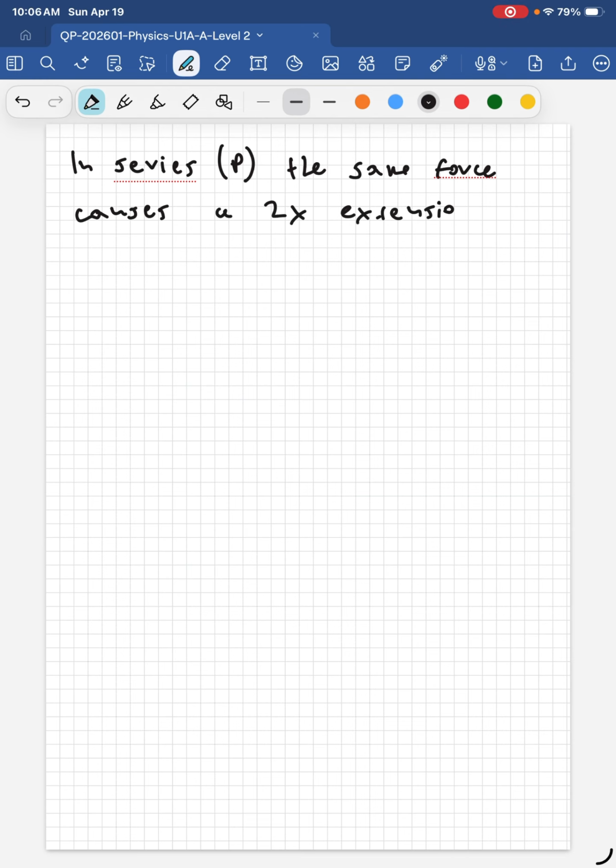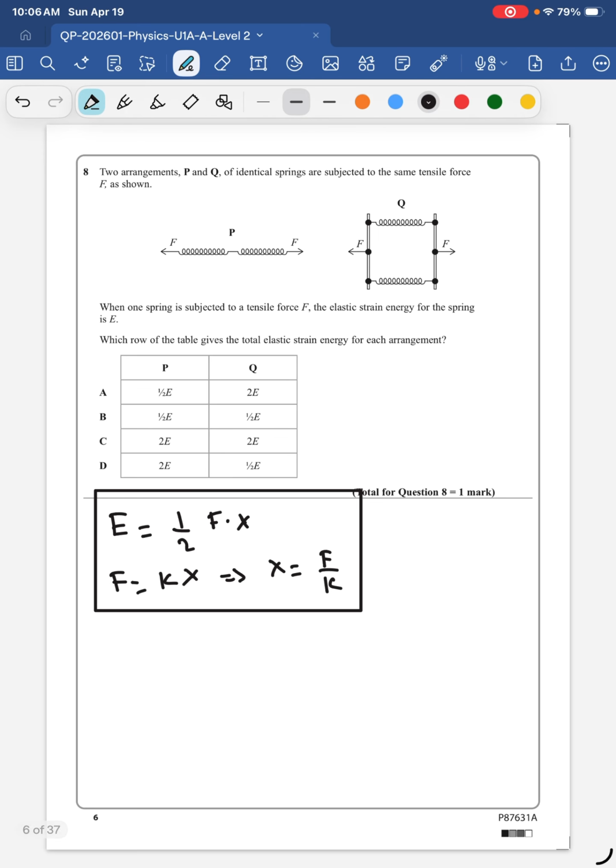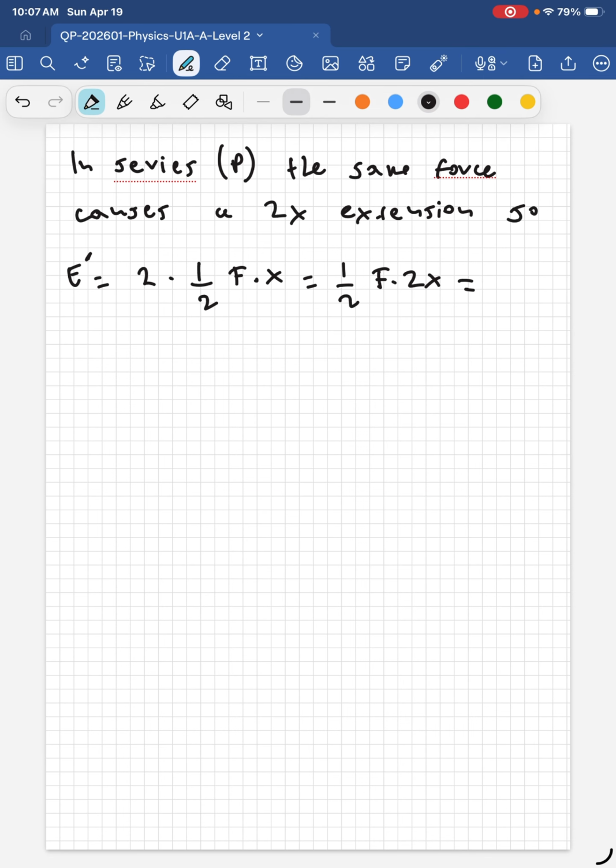So the new energy is going to be 2 times 1/2 F times x, or you can write it as 1/2 F times 2x, because you have one force pulling this way and another force pulling this way. So the total energy is 2 times E.